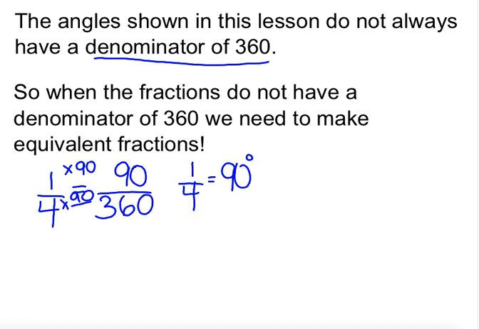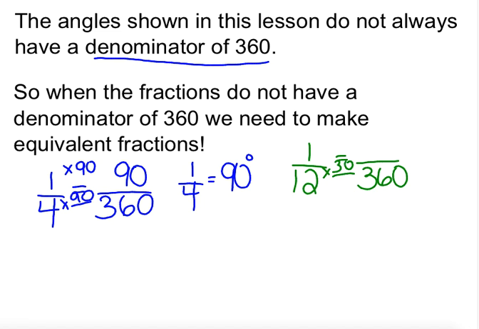Okay, so let's do 1/12. Okay, again, that denominator is not 360. So we have to make it an equivalent fraction to get the denominator of 360. Why? Because we want to make it easier for ourselves and just look to the numerator and say, oh, that's the measurement. But we can't do that if the denominator is not 360. That's why we're making equivalent fractions. Okay? So 12 times what will give us 36? 3.